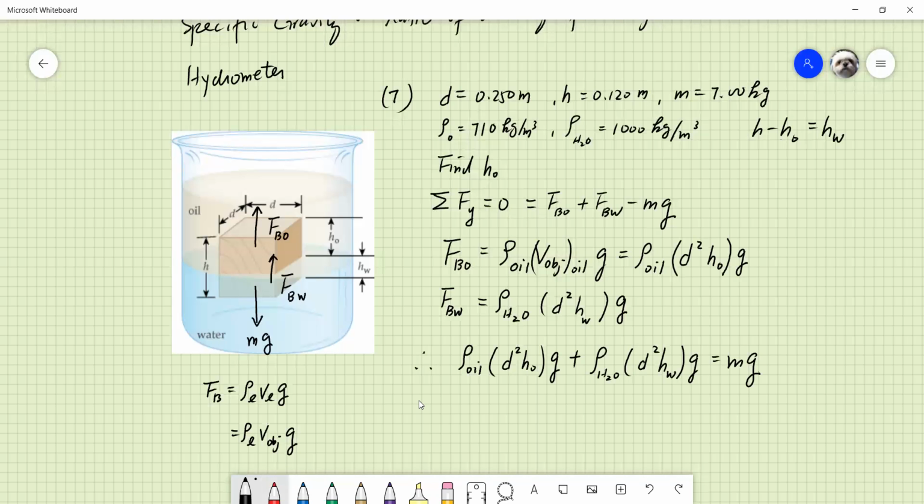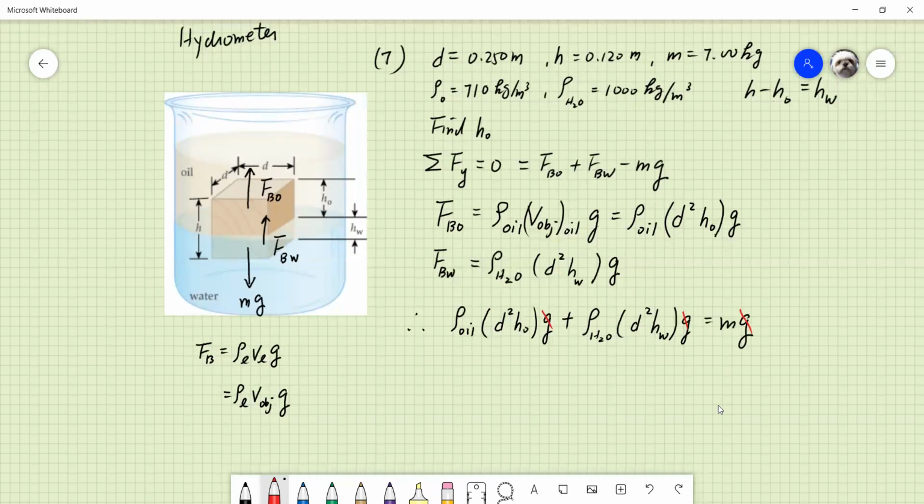You know that it does not depend on G, so if you do this experiment on the surface of Mars, the result will be the same. The G cancels out. Now I'm going to put all the numbers in. We are solving for HO. I already have all the numbers: oil is 710, and D is 0.25, and HO is the unknown.